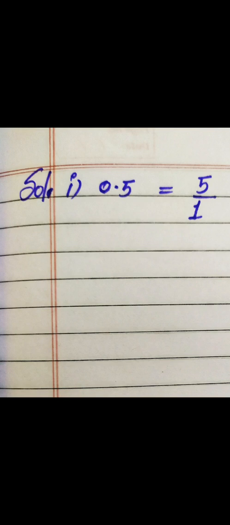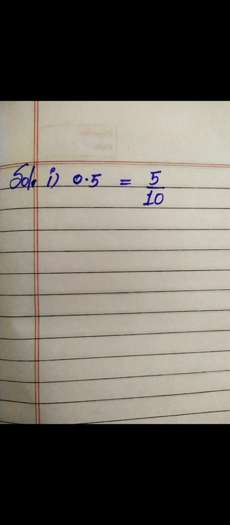In 0.5 there is only one decimal place, so we will put only one 0, so it will be 5 upon 10. Now, as you can see, 5 and 10 are both divisible by 5: 5 ones are 5 and 5 twos are 10. So we simplify this and get 1 upon 2. This is the simplest form, and this is our final answer.